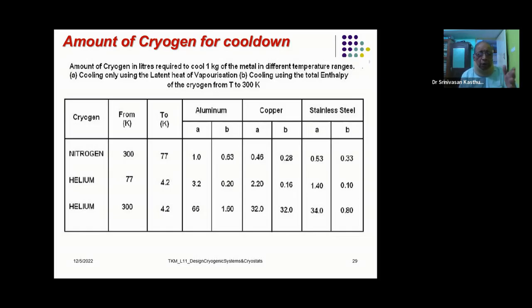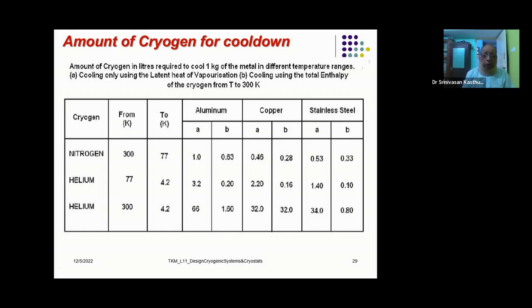For example, if I use nitrogen, I go from 300 Kelvin to 77 Kelvin. Here, for 300 Kelvin to 77 Kelvin, we are using liquid nitrogen. The table shows different materials like aluminum, copper, and stainless steel, for which A corresponds to using only the latent heat of vaporization, and B corresponds to also using the total enthalpy of the system.